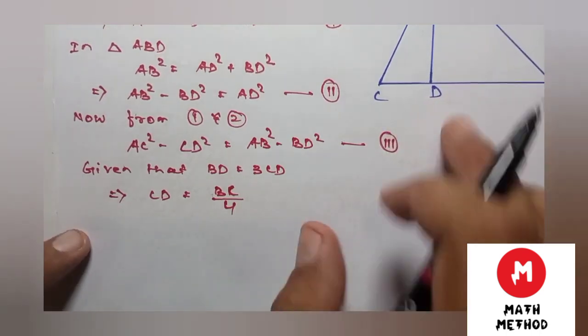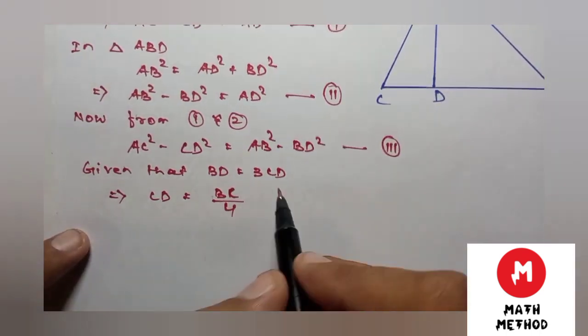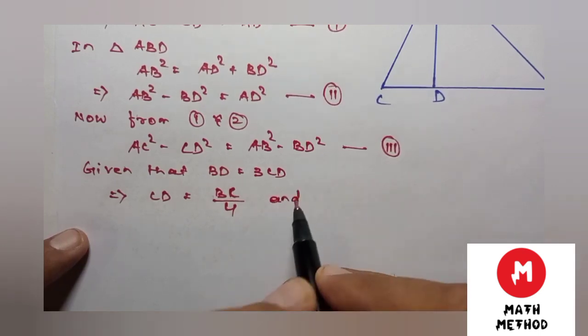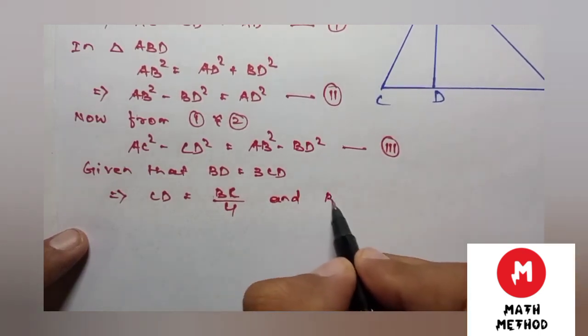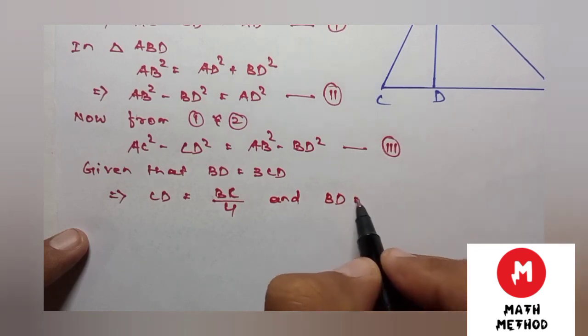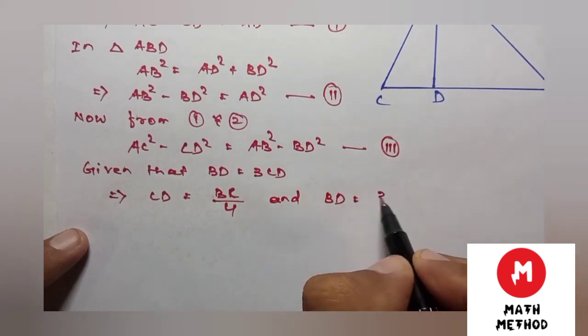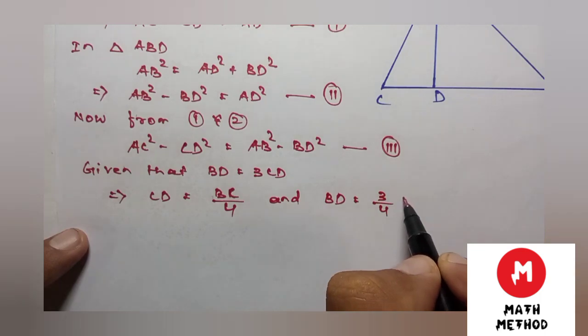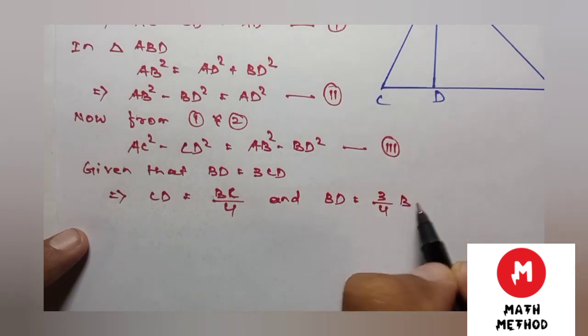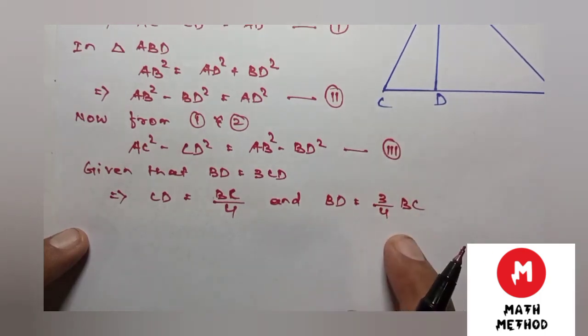Clear? And similarly BD will be 3/4 times BC. So this is 3BC by 4.